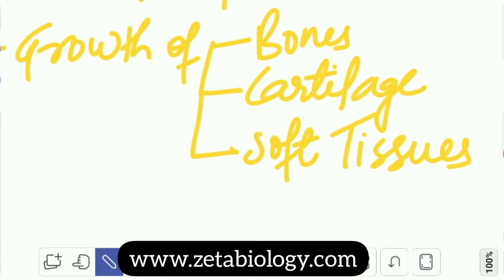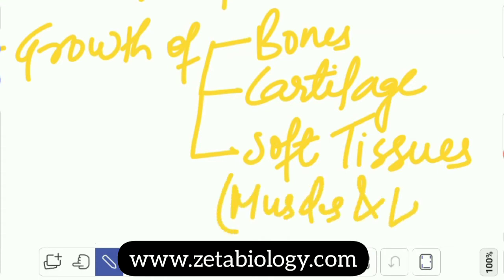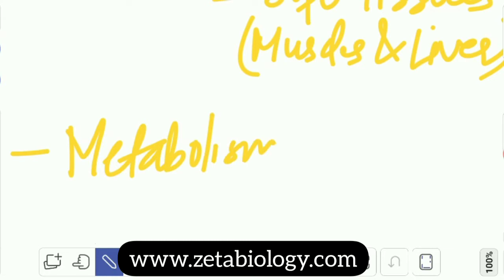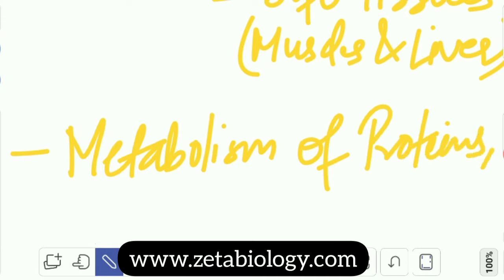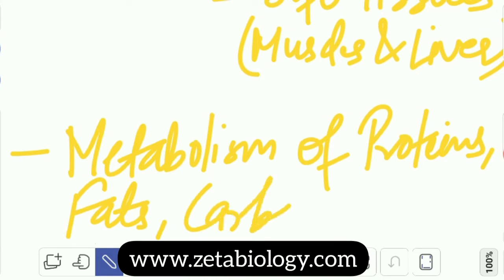Soft tissues example is muscles and liver tissues. Another function is it stimulates the metabolism of proteins, fats, and carbohydrates.